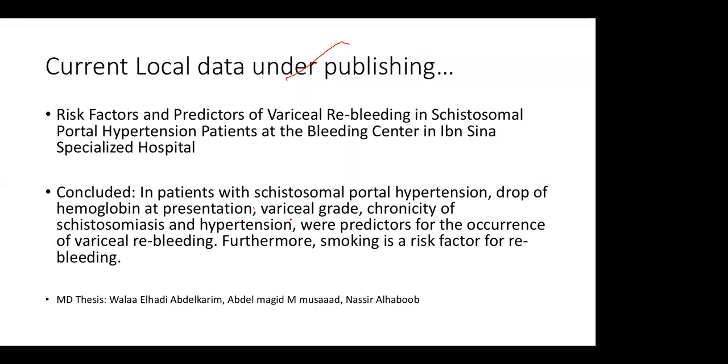She concluded that in patients with schistosomal portal hypertension, drop of hemoglobin at presentation, variceal grade, chronicity of schistosomiasis, and hypertension were predictors for occurrence of variceal rebleeding, and furthermore, smoking is a high risk for rebleeding.